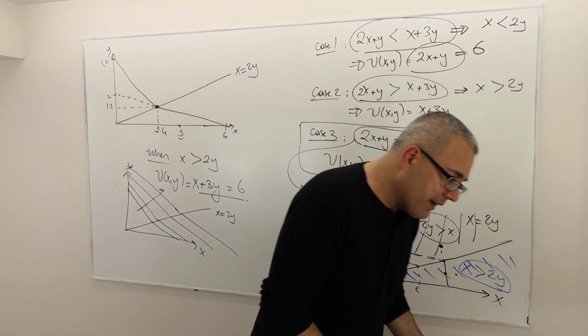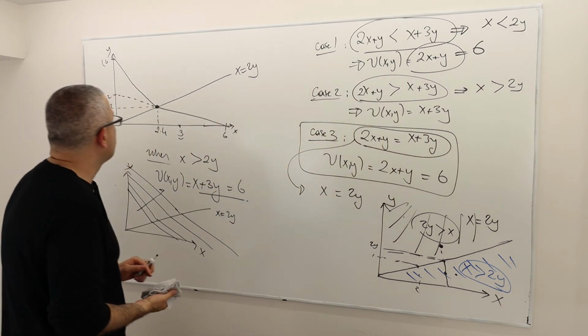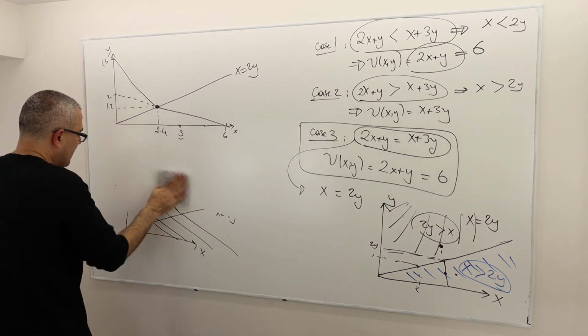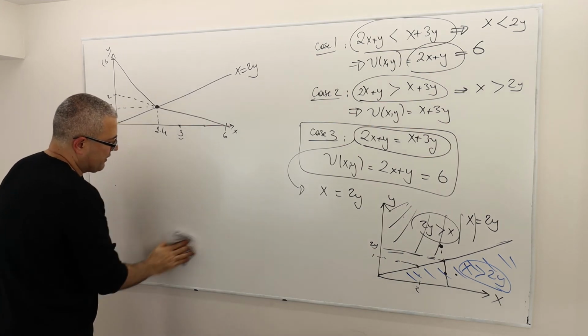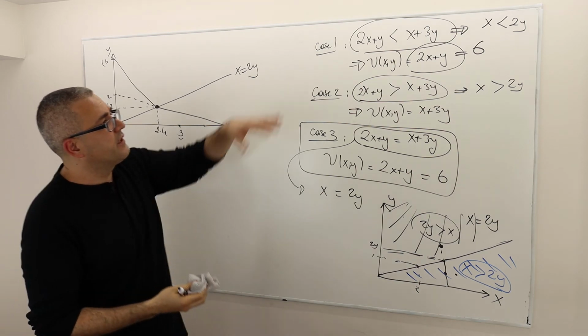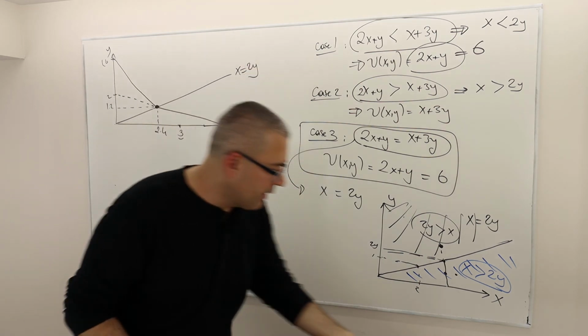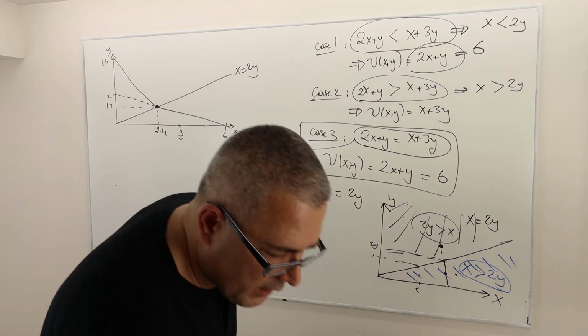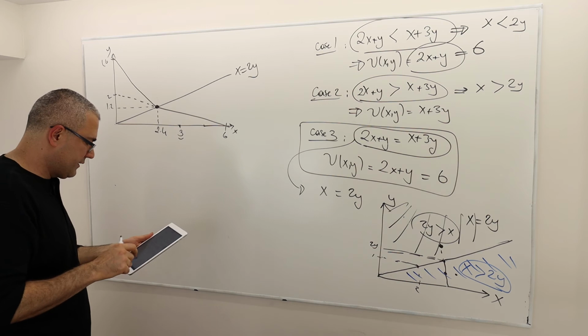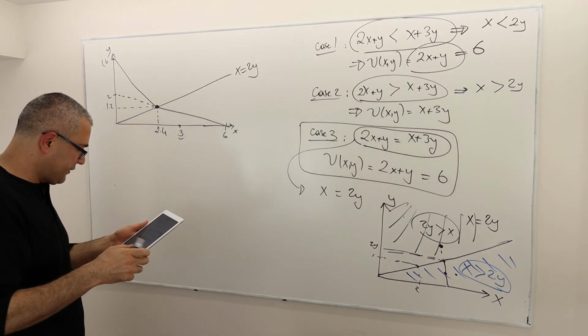Well, then let me finish what I started. For the second part of this question, I don't need the indifference curve. All I need is this partition, because all these points are going to correspond to a different part of an indifference curve.